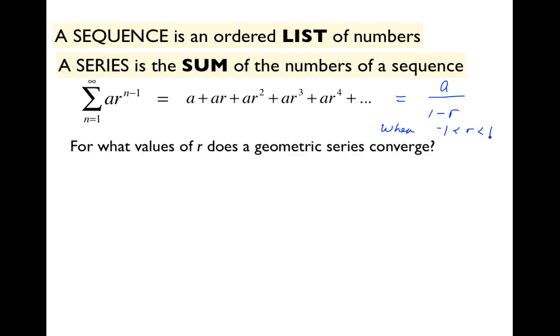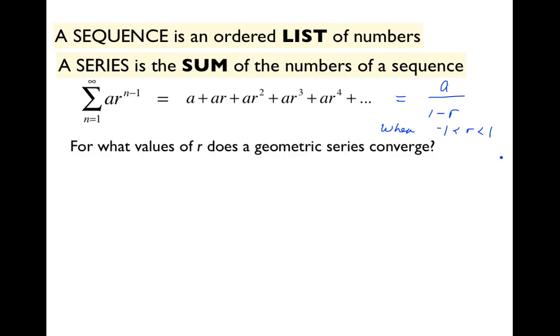Right. What about that special case when R equals 1? What about if R equals 1 for the infinite series? Does the series converge? What's going to happen in that series if R equals 1? What are our terms going to be?